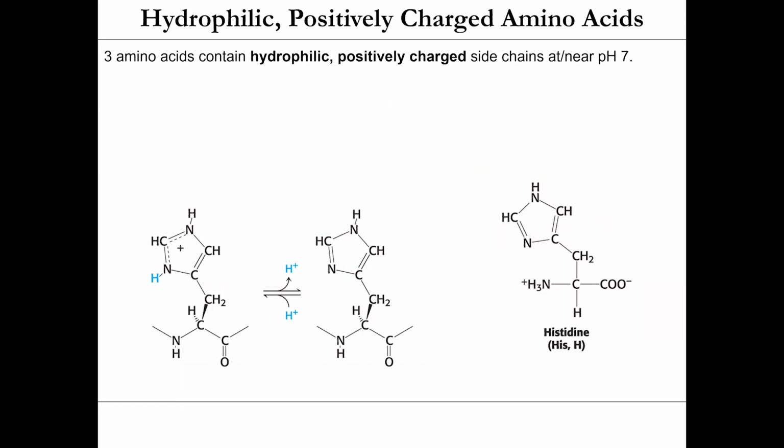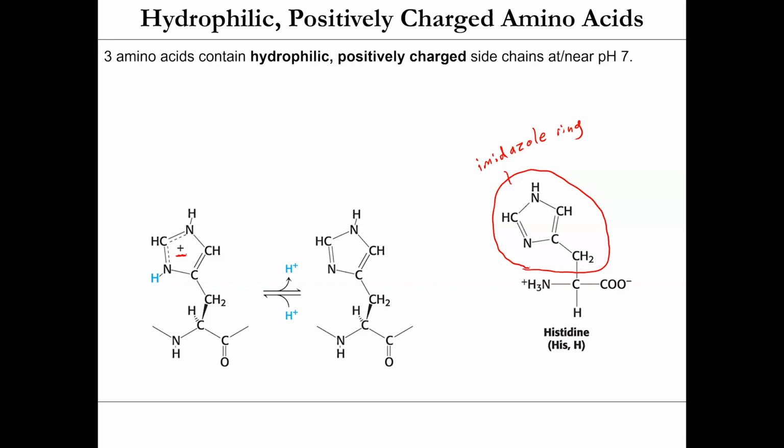And then we come to histidine. Histidine is a little bit interesting, and I'll talk about it on its own. Histidine has a methyl group, and then it has an imidazole ring as its R group. The interesting thing is that histidine can be positively charged at or near pH 7.